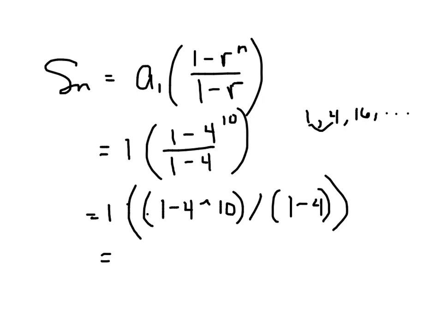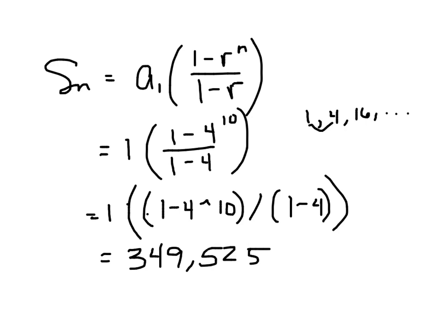And then if I took 1 minus that answer, I get negative, all that, divided by negative 3 times 1, and I would have got 349,525 would be my answer for that.